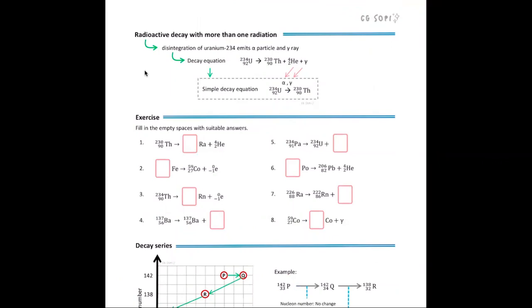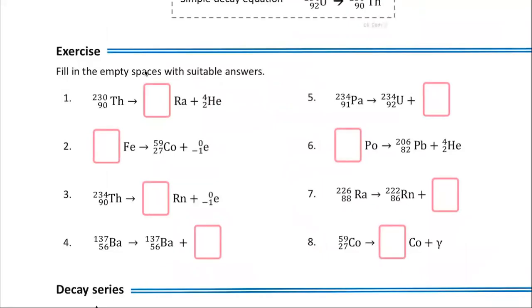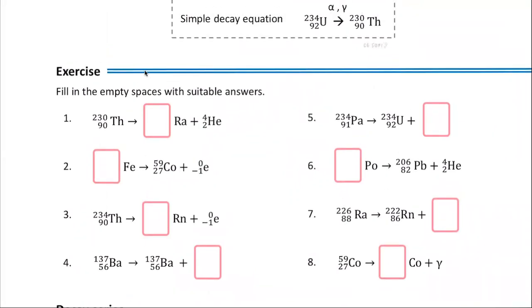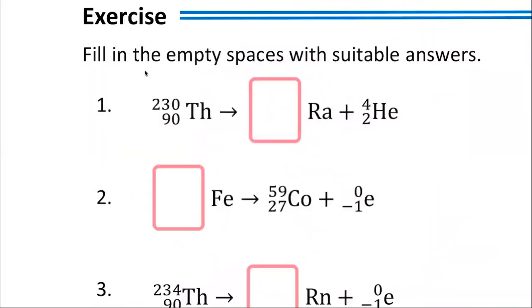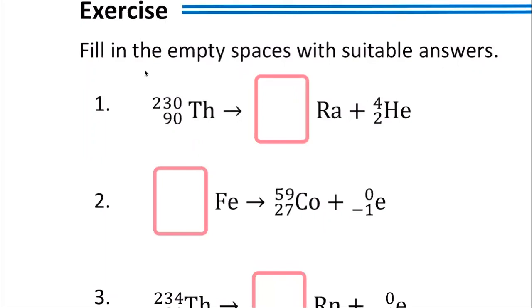So the important thing here is the total numbers on the left-hand side of the equation must be equal to the total number on the right-hand side. Okay, so let's try and do question number 1. Question number 1, fill in the empty spaces with suitable answers. So what is the nucleon number and also the proton number?